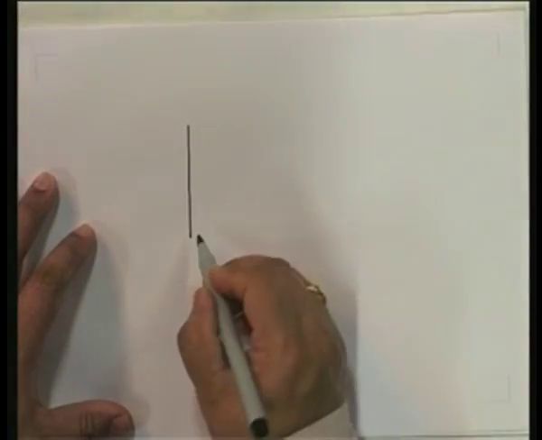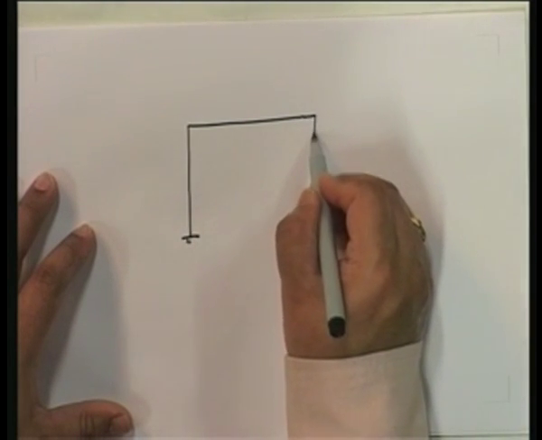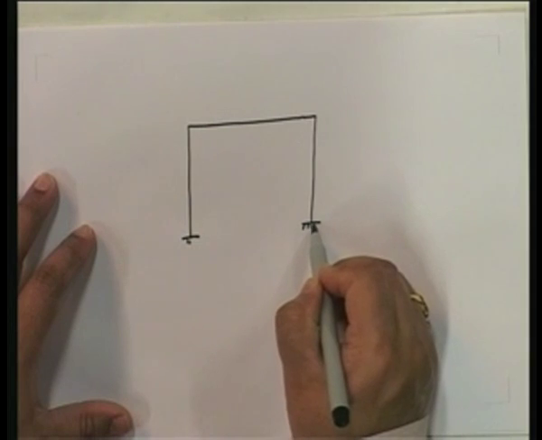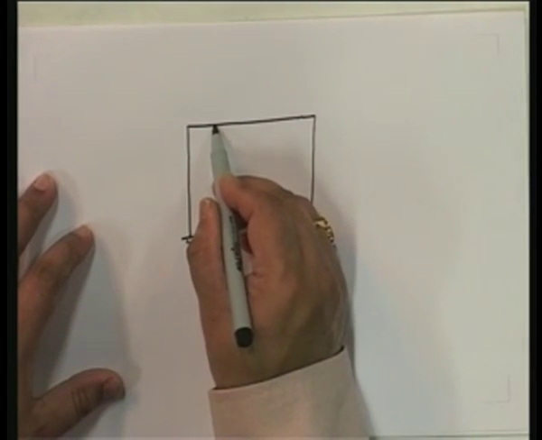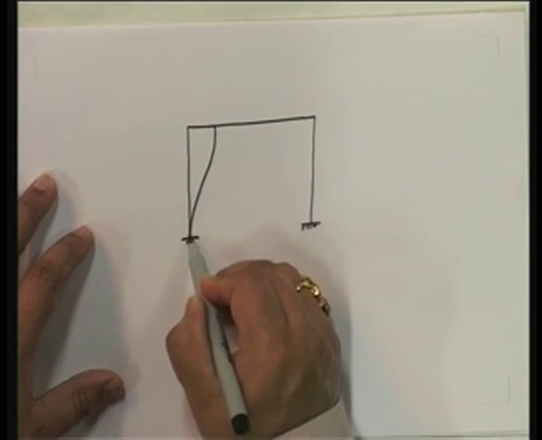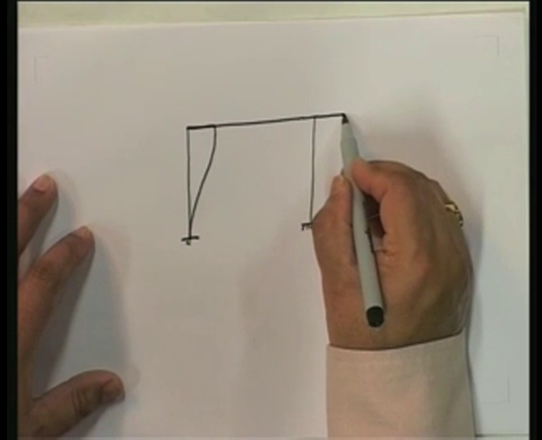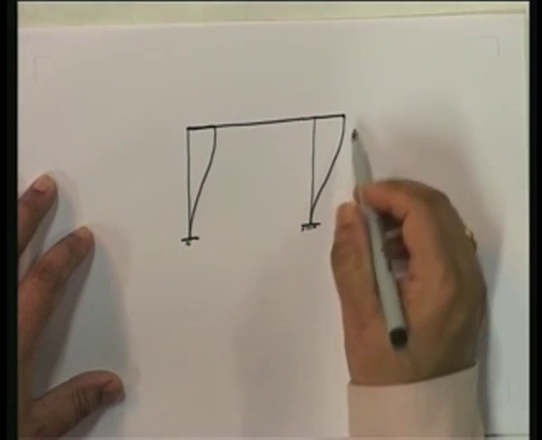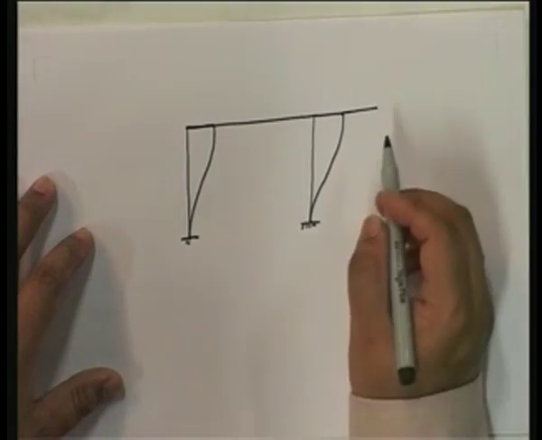So let us see what happens. So now this is swaying in this direction, so let us make it sway in that direction. You will see that this joint will go here, this joint will go here, and all you have is this, and the other part remains straight because it's a cantilever.